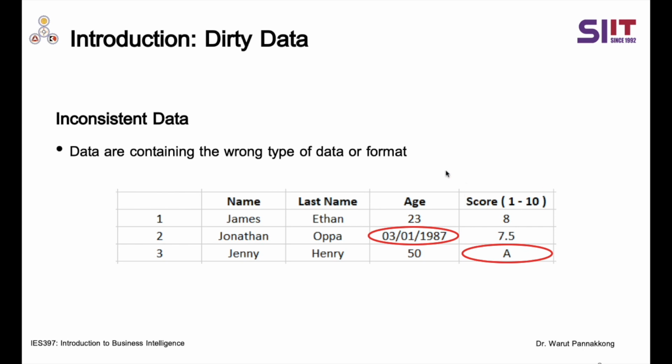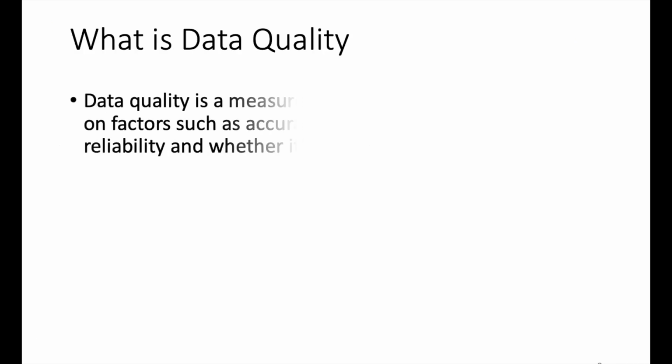Now for the score, for other persons it is recorded as numeric scores. But for Jenny it is a letter grade, which is again inconsistent. You cannot compare these because they are not of the same type or the same scale.